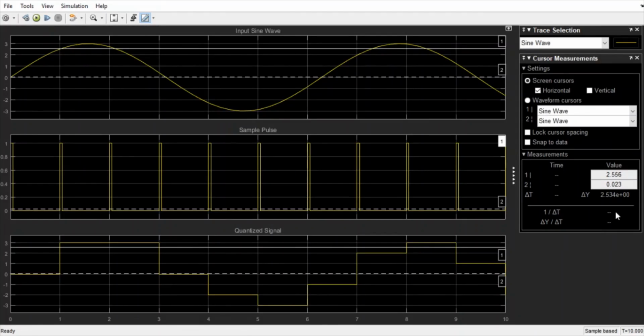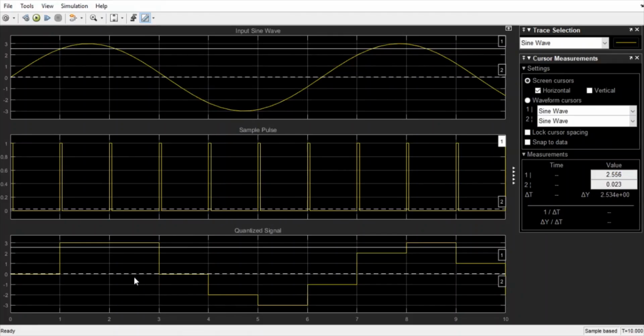So the value for the second pulse input sine wave is 2.556. You have to take this value and write it down inside table 9.2. You can get table 9.2 inside your lab manual.